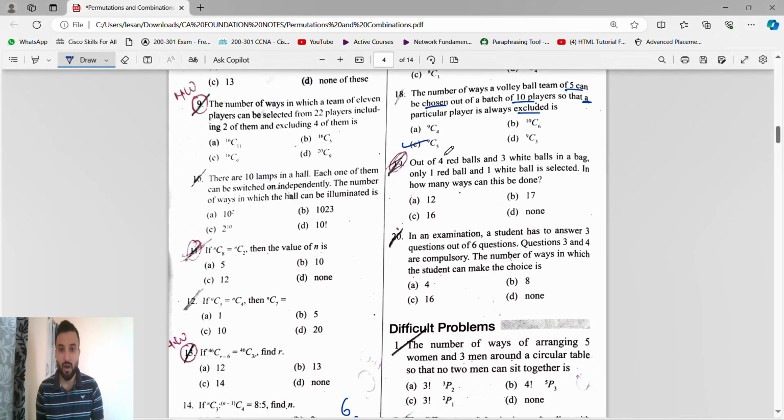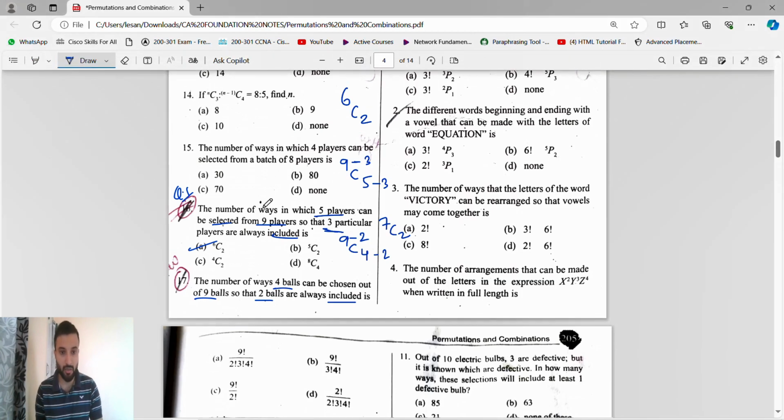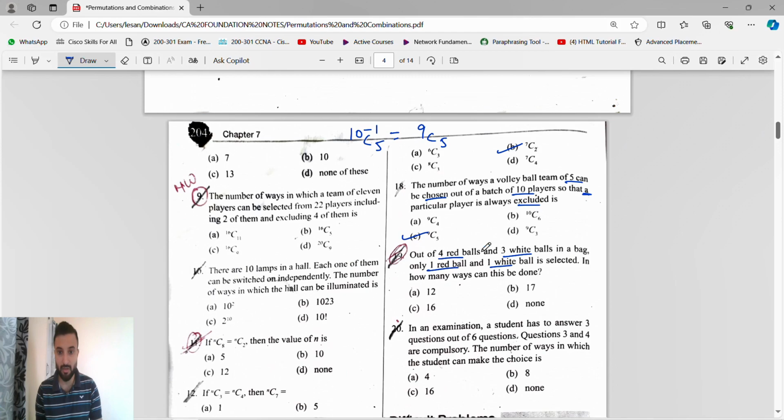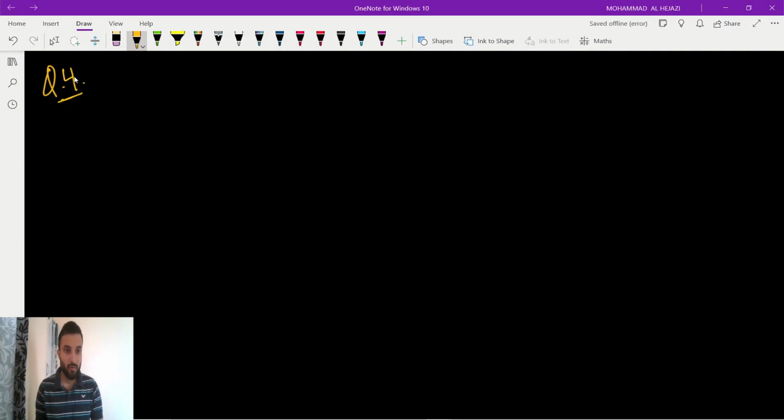Now next is, out of 4 red balls and 3 white balls in a bag, only 1 red and 1 white ball is selected. So the question is very easy peasy. Now question number 4.